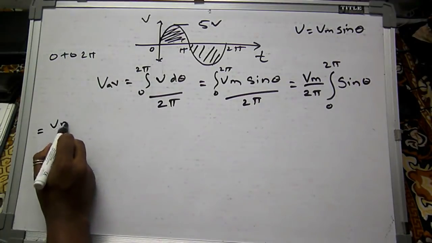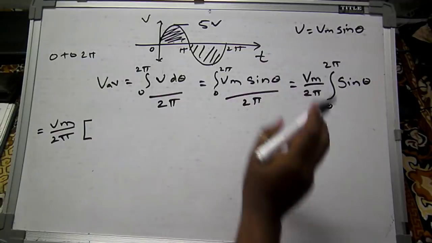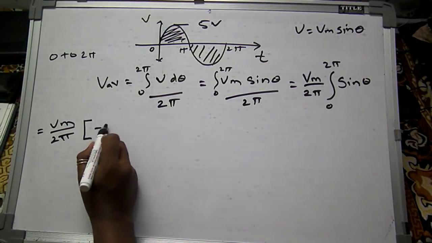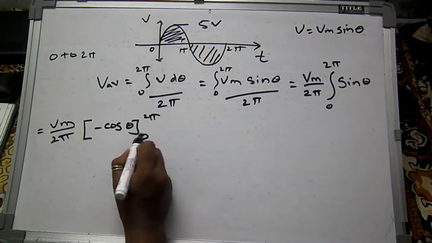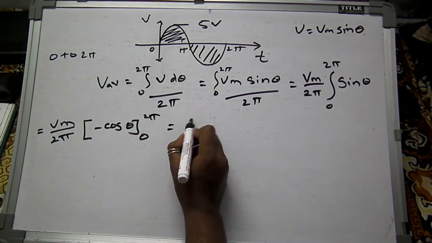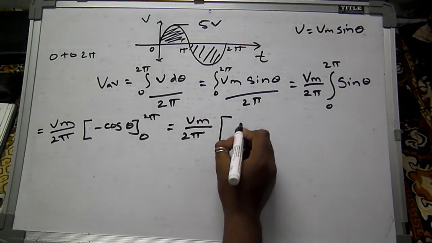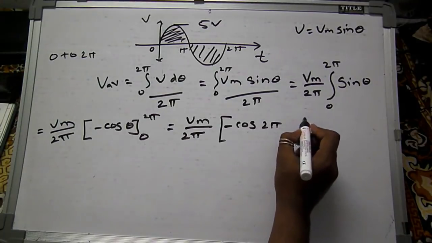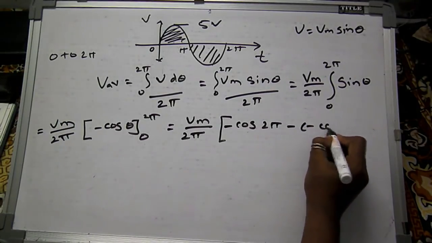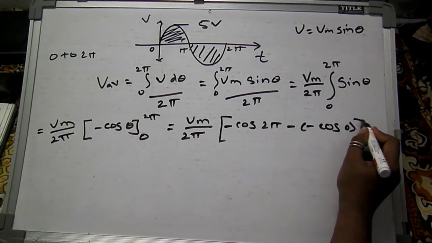Solving it, we get Vm upon 2 pi. Integration of sine is minus cos theta, from 0 to 2 pi. So Vm upon 2 pi times minus cos 2 pi minus of minus cos 0.